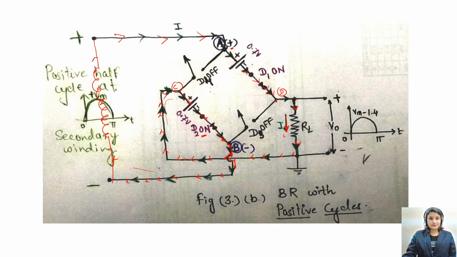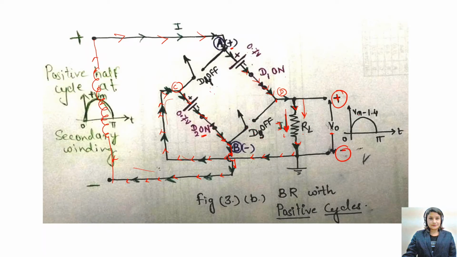Okay, so the output voltage is the voltage drop across RL when the current flows through RL. See, the current direction is coming from upwards. So the output voltage has positive polarity in the upward direction and the negative will be below.